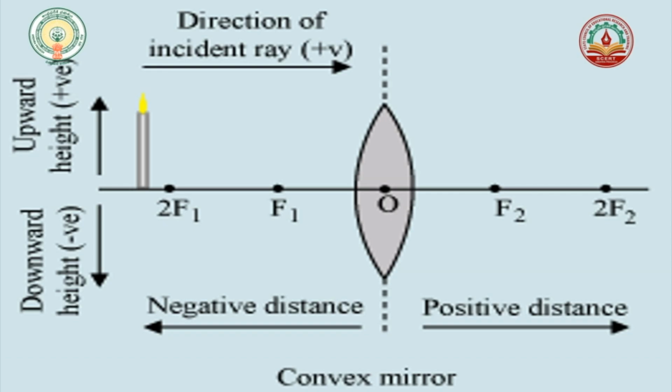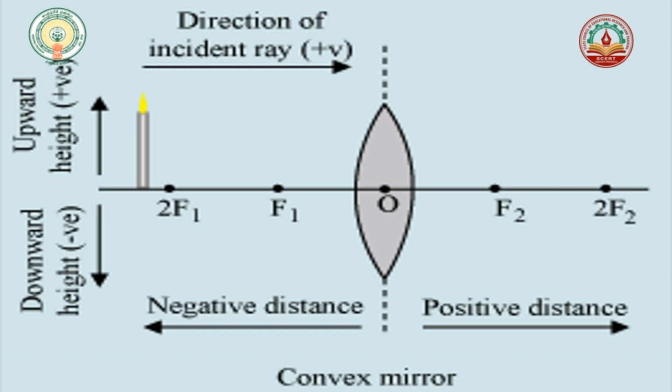The pole is O, so it is O2F1. You can see the direction of the incident ray, but we are measuring from the pole to the object, O2F1, which is opposite to the direction of the incident ray. So the object distance will be taken as negative, u negative.